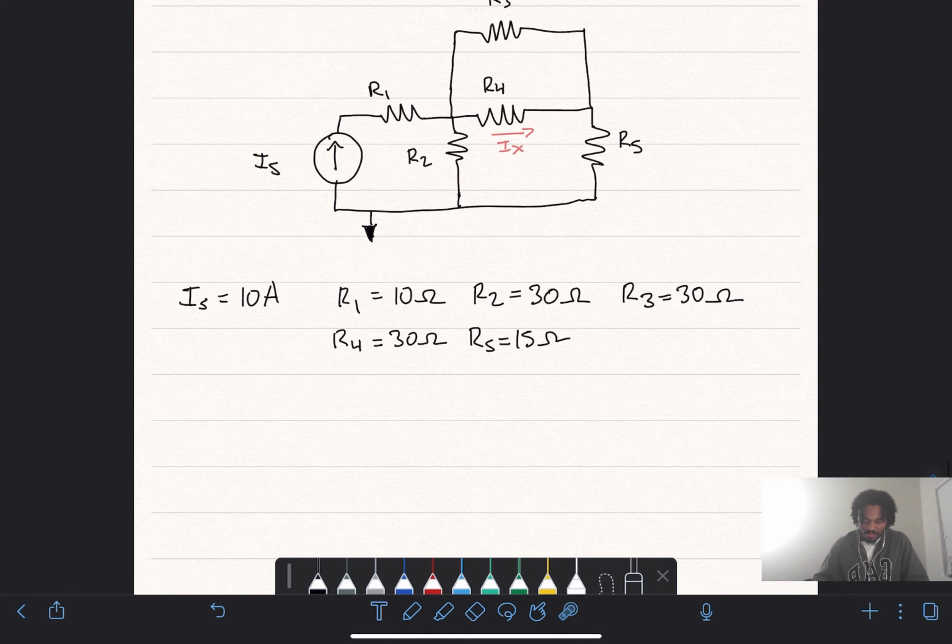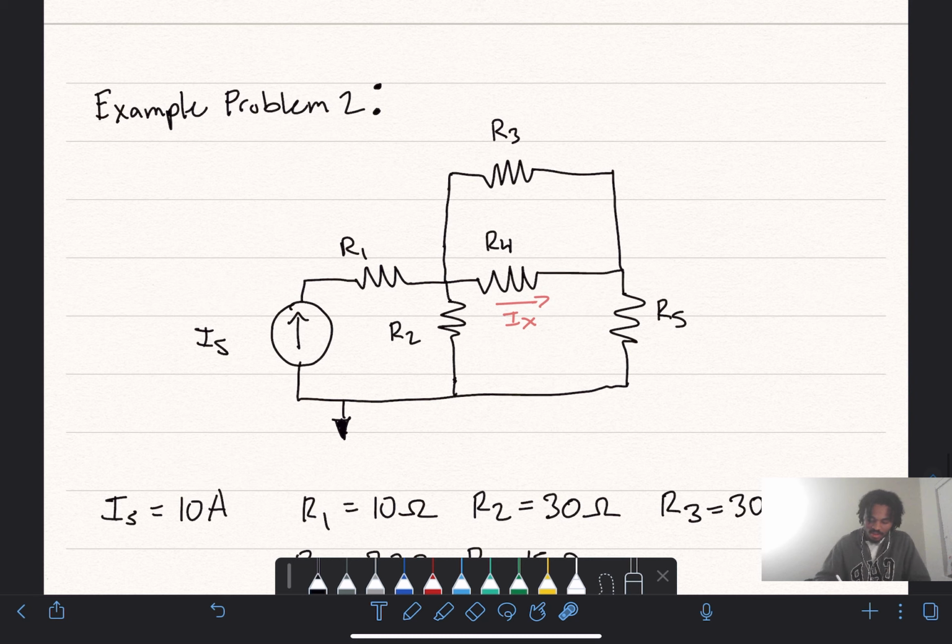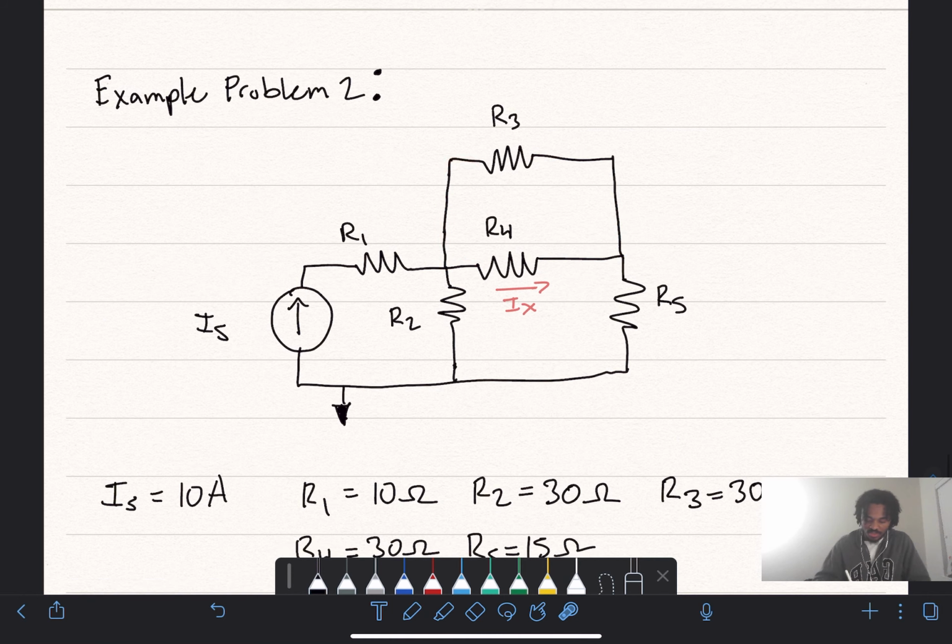Immediately we see here that R3 and R4 are in parallel.